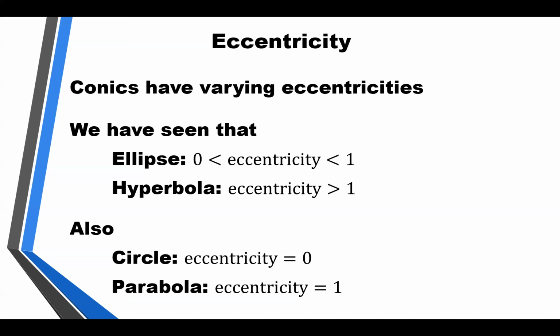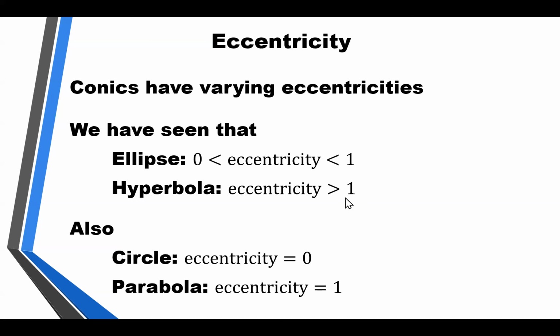So ellipses and hyperbolas have eccentricities that can range. I've already talked about the eccentricity of the ellipse. I said that as the ellipse gets closer and closer to a circle, the eccentricity gets closer and closer to 0. As it gets more stretched out, that eccentricity gets closer and closer to 1.